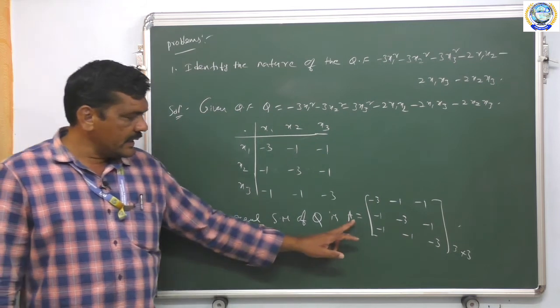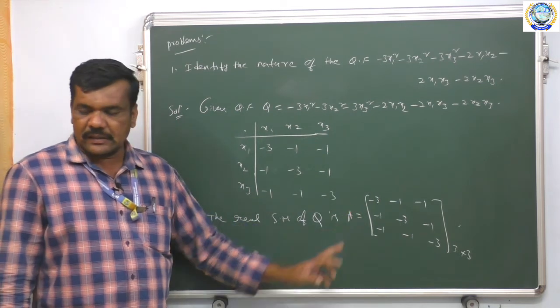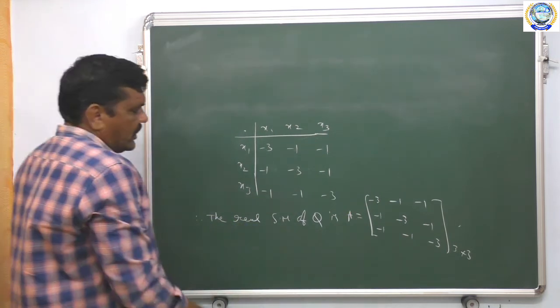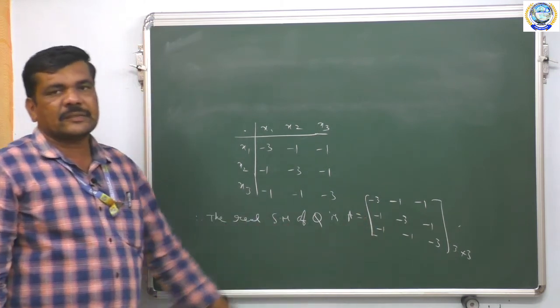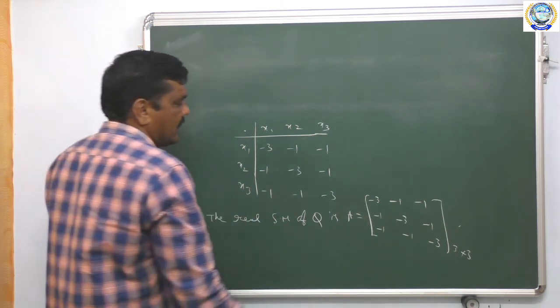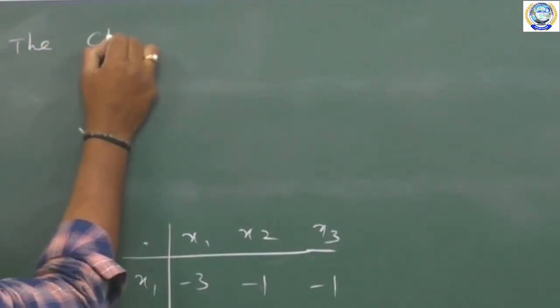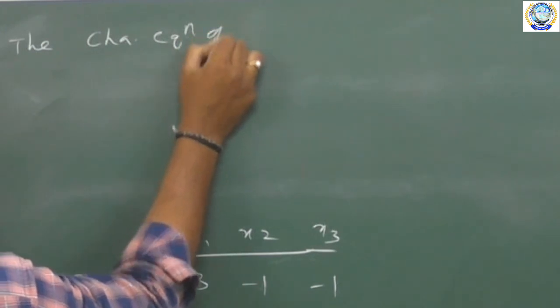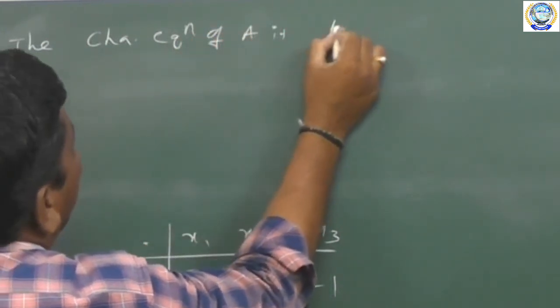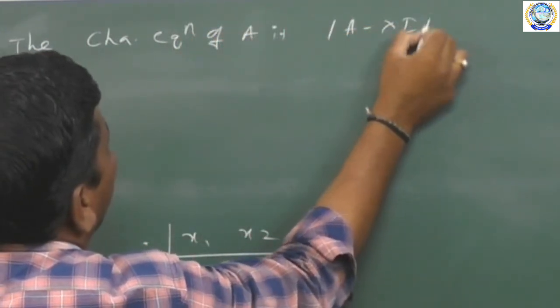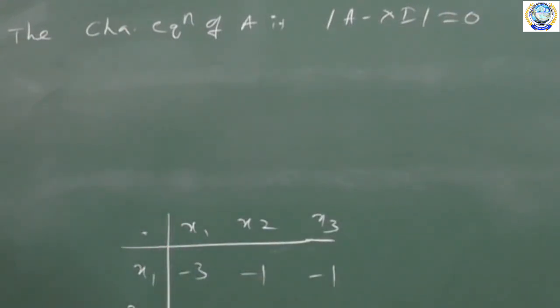Now, to find the eigenvalues corresponding to this symmetric matrix A, we know how to find the eigenvalues of a given matrix. First we write the characteristic equation of A. The characteristic equation of A is determinant |A - λI| = 0.